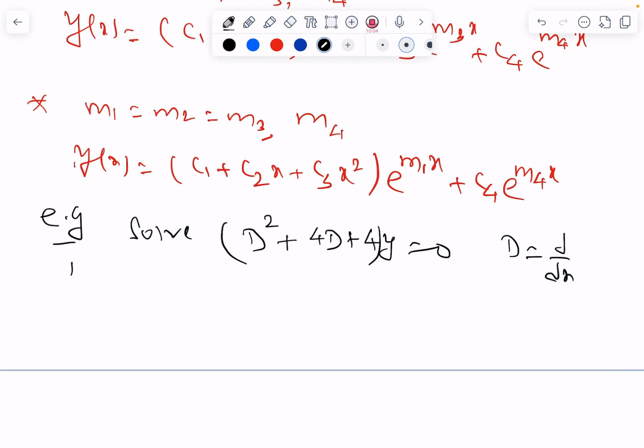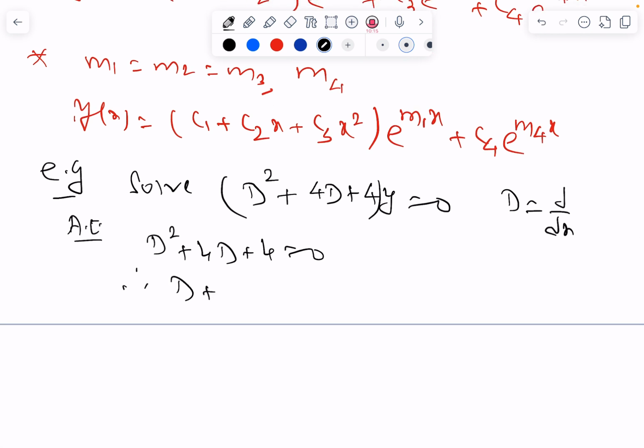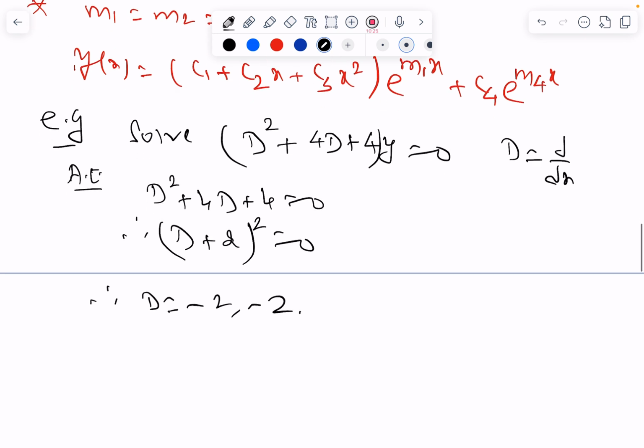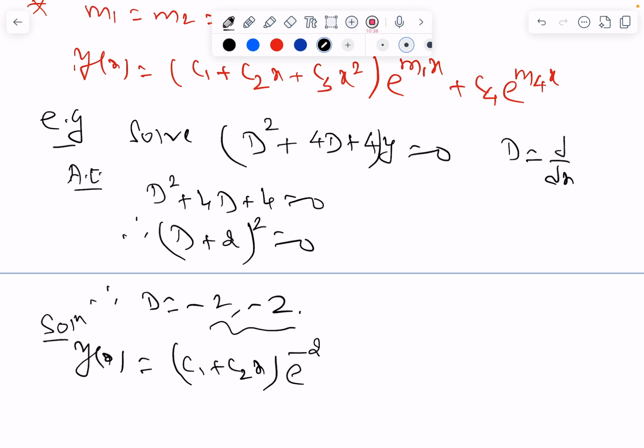So what is the auxiliary equation here? The auxiliary equation is D square plus 4D plus 4 equal to 0. Then you can say it is (D plus 2) squared equal to 0, and so we have D equal to minus 2, minus 2. So equal roots. Then the solution is y equal to (c1 plus c2x) e power minus 2x.